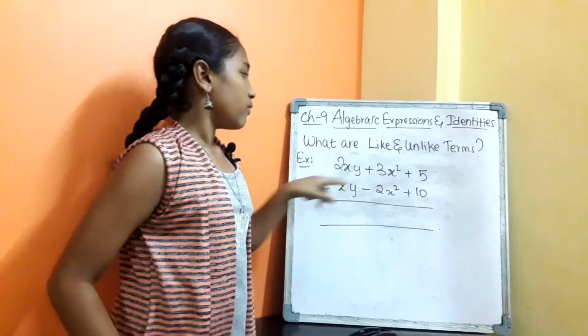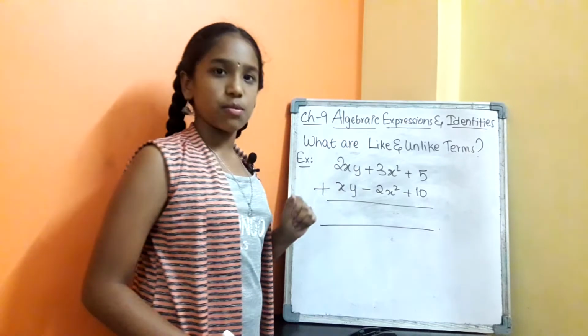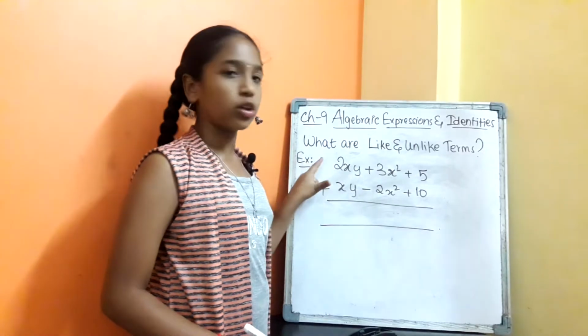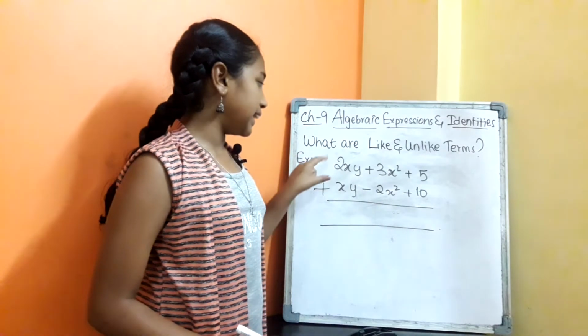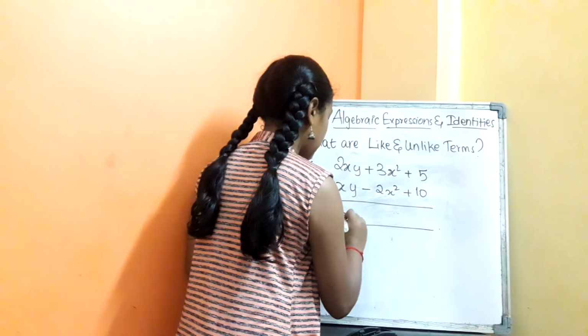Now, let's come from here. 2x plus xy. There are no minus symbols for both of the terms. So, you have to add directly. 2x plus xy is equal to 3xy.